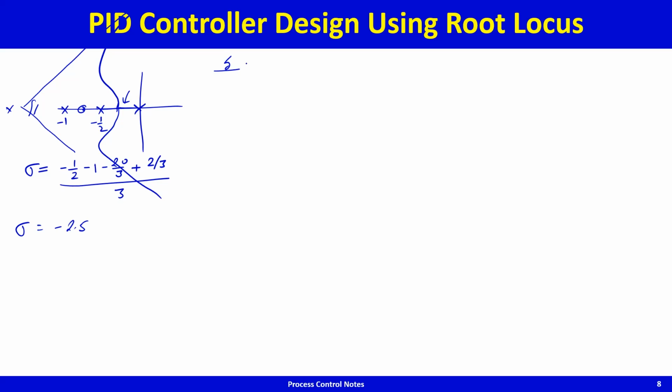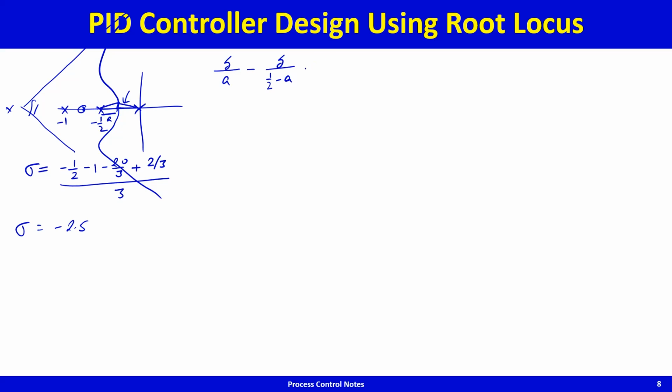Let me call this A. We get delta over A, that's this angle, minus delta over half minus A, that's this angle.